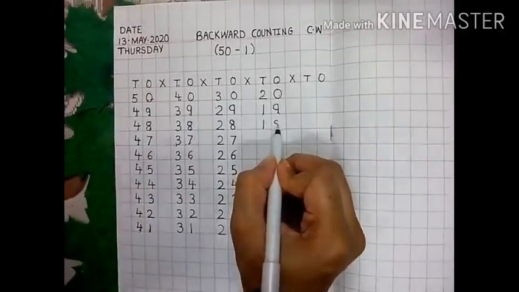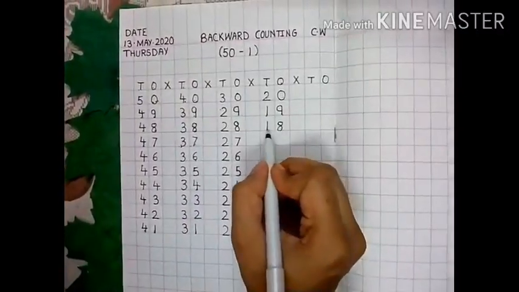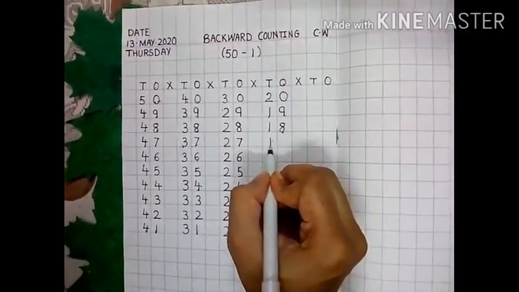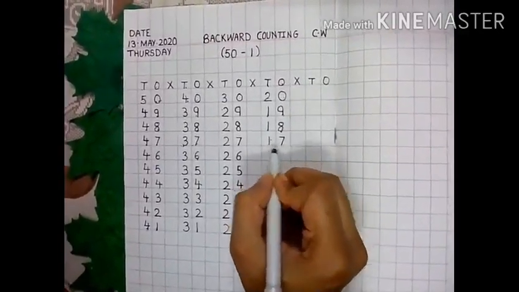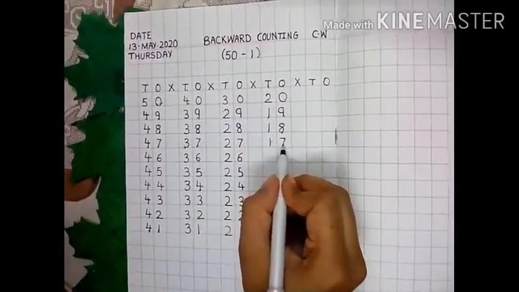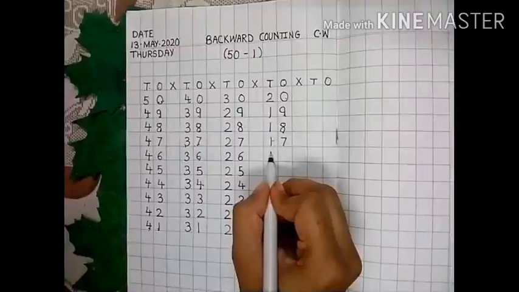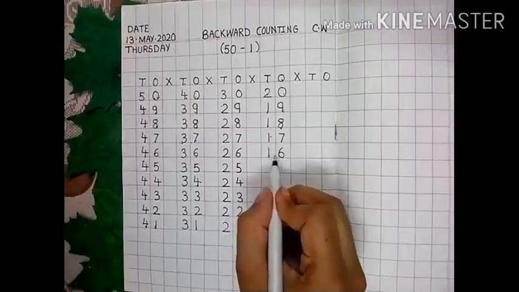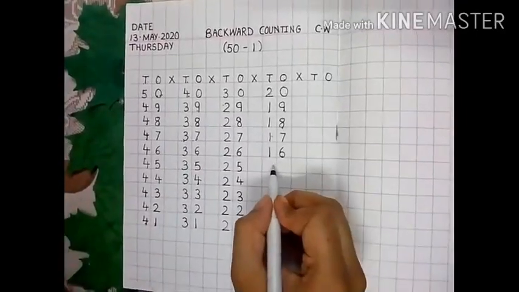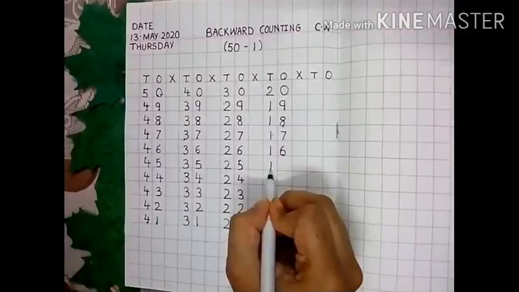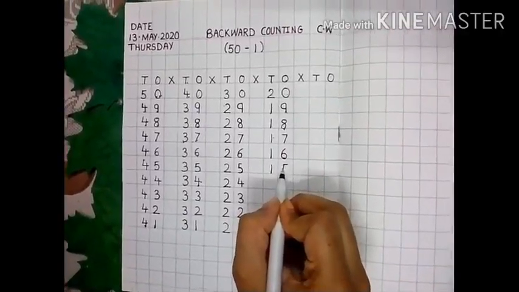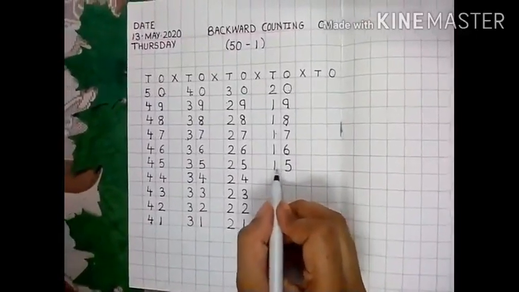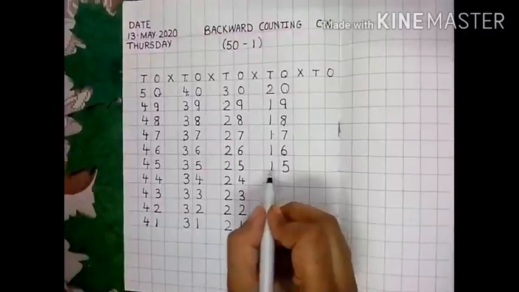18. Then 17, 16, 15. Class, you know it's backward counting, so you have to go back.